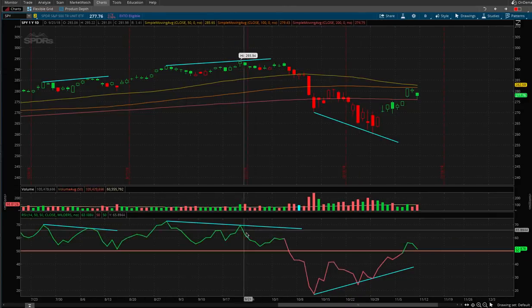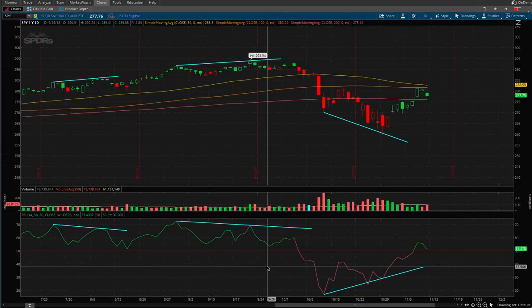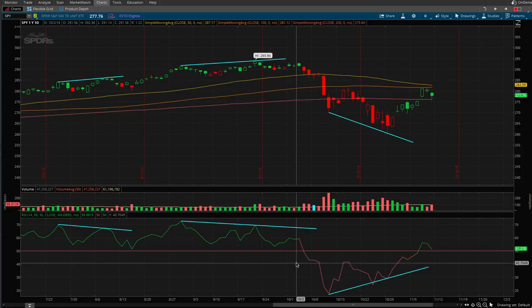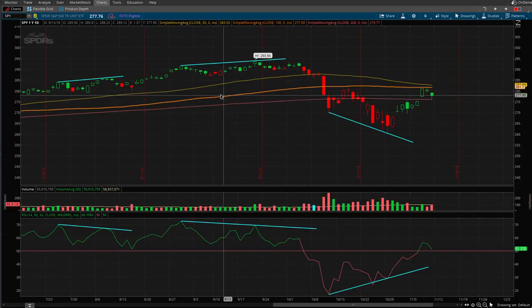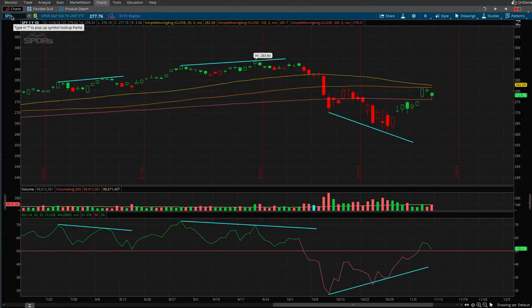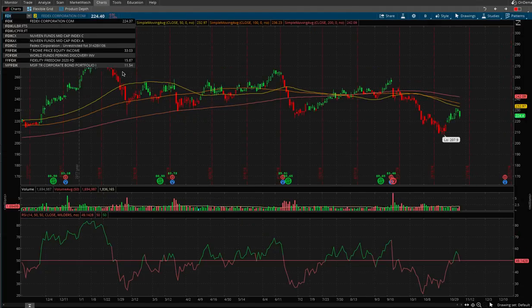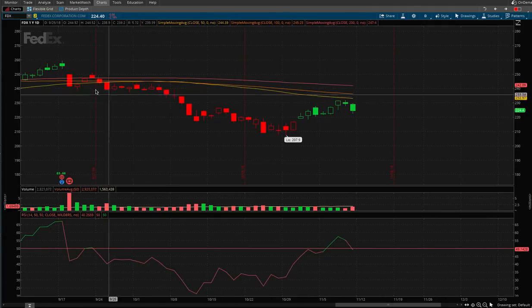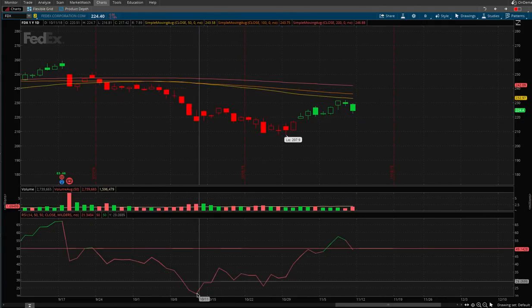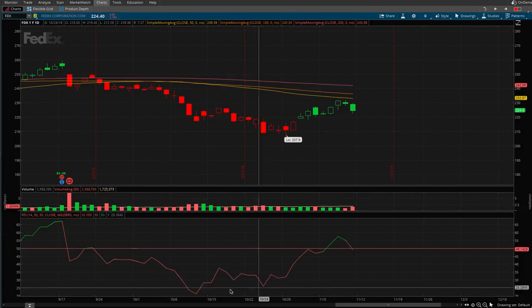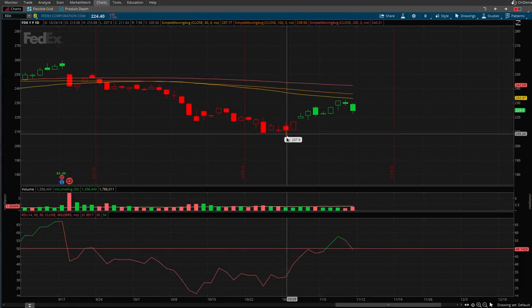So something to keep in mind, sometimes the divergences do give false signals, but it is something to keep in your back pocket as a tool to see if you are at a top or at a bottom. We could do this with other stocks as well. FedEx had one as well here, where we had a low here, we had a low here, we had a lower low here, we had a higher low here, we had a lower low here, and we had a higher low here.